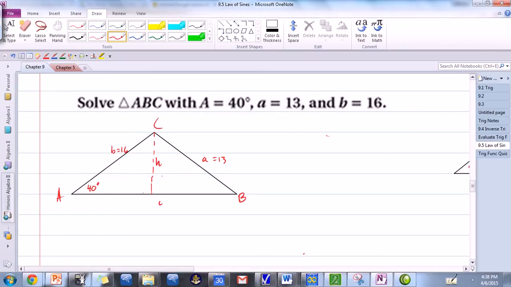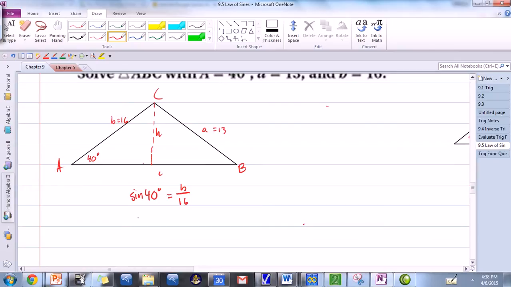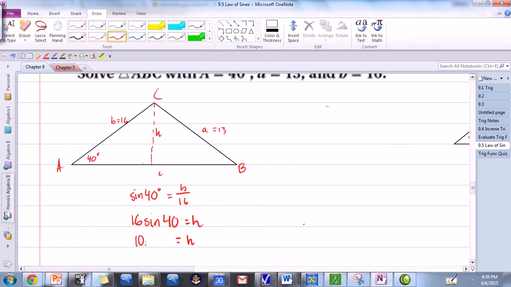Now, in finding this height, remember, we're talking about 40 degrees. Since we have 40 degrees here, we could do sine 40. Whatever sine 40 degrees is, that's going to equal h over 16. Meaning that you have 16 sine 40 equals h, meaning that h equals 10.28.